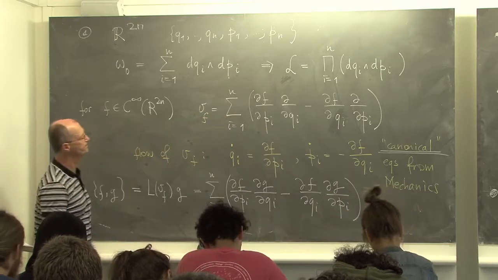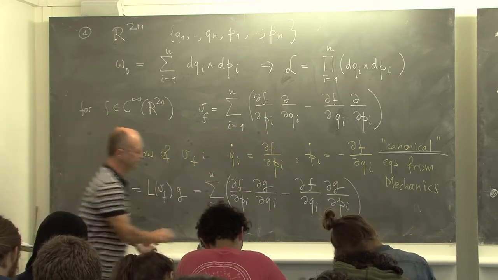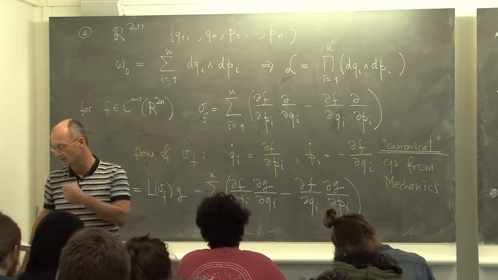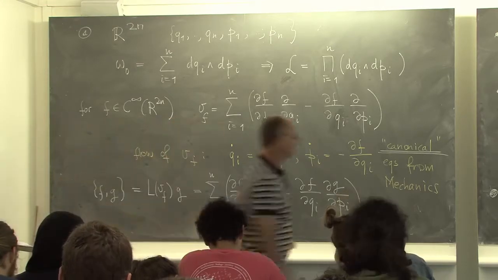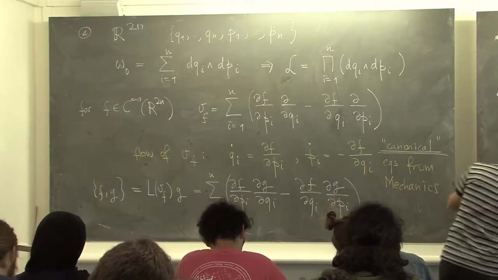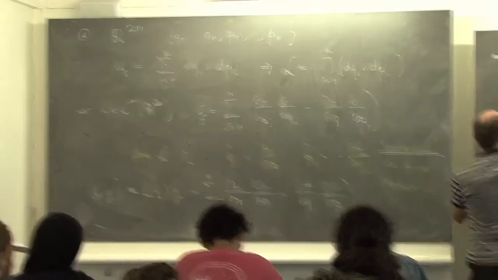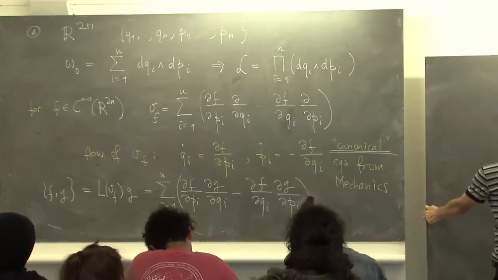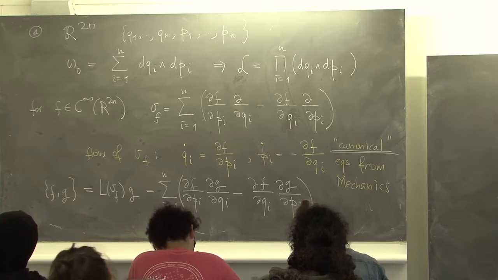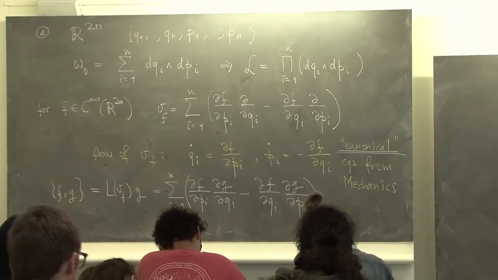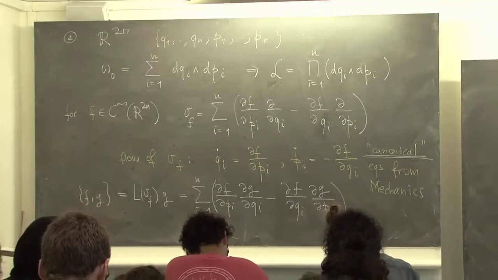All right, so these are very standard formulas for the canonical, or whatever, for the standard symplectic structure on R^2n.